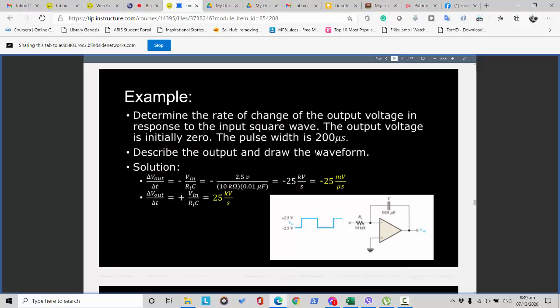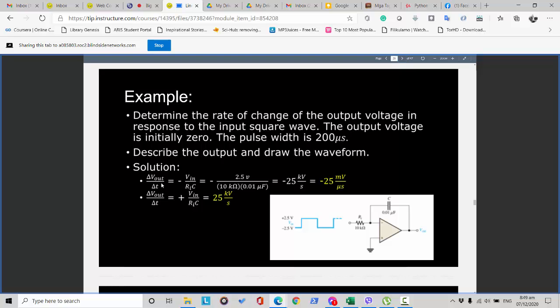Now, the output voltage is initially 0 according to the example, and the pulse width is 200 microseconds. So the T here is our pulse, so that's 200 microseconds. So we can describe the output and draw the waveform after we solve it.